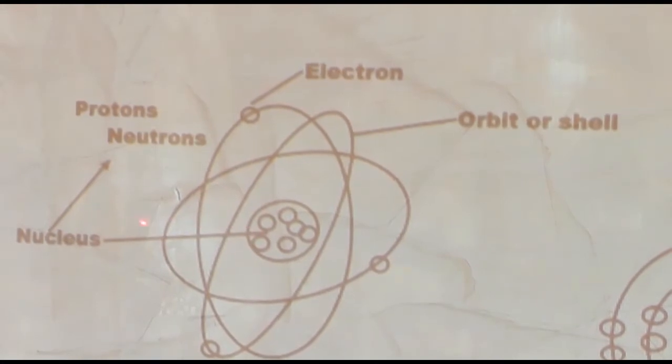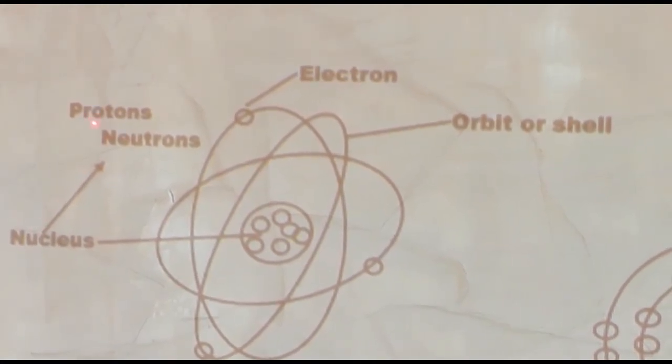The nucleus is made up of the protons and the neutrons. Therefore, as a chemist, when asked where we can find protons and neutrons in an atom, both are inside the nucleus, and the nucleus makes the central part of an atom.